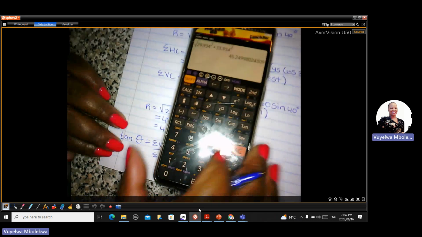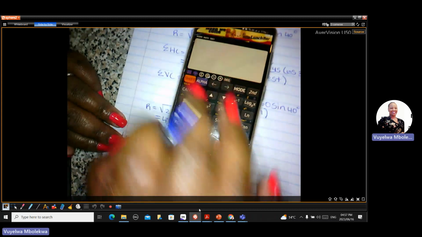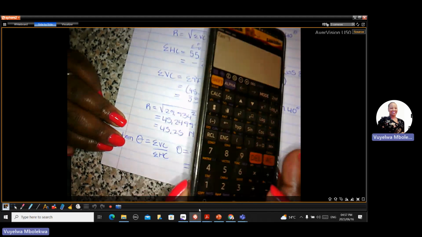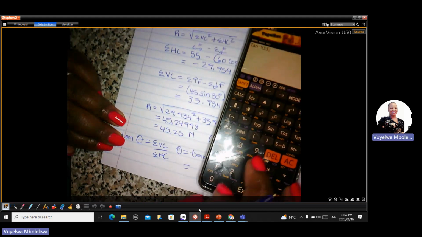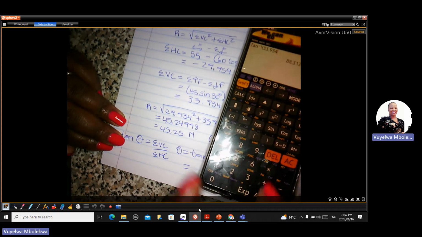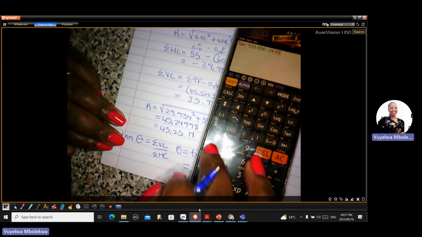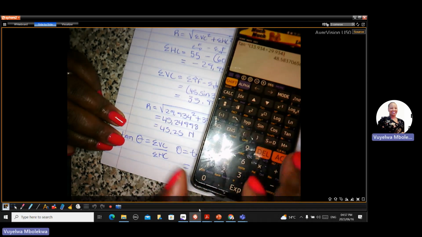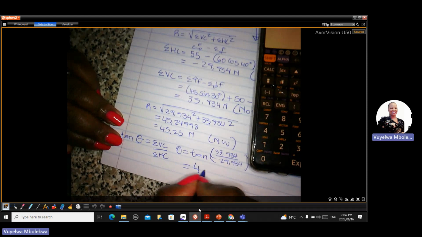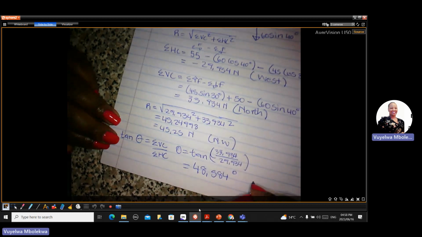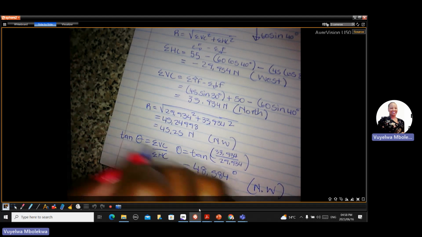You put it in your calculator, second function tan, so it knows to put it on top: 33.934 divided by 29.934. And then it gives us an angle of 48.584 degrees. Now we can say north of west.